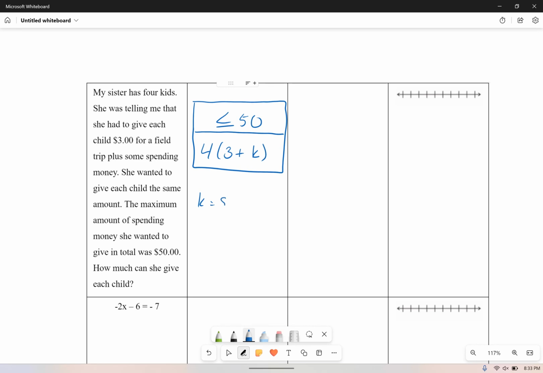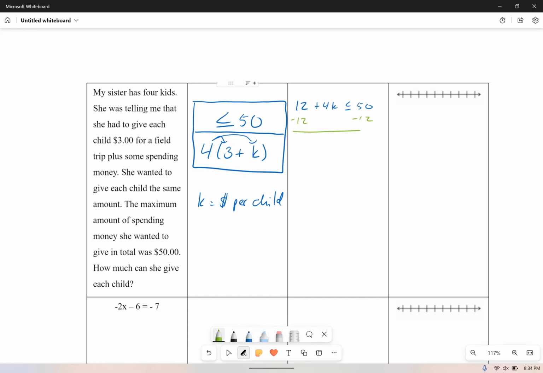They're each going to get $3 and some spending money. K equals the money per child. So if they're all going to go and they need to spend $3 for the field trip, that means that they're going to have to get $12 just for that. And then each kid will get some money. But it has to be less than or equal to 50.